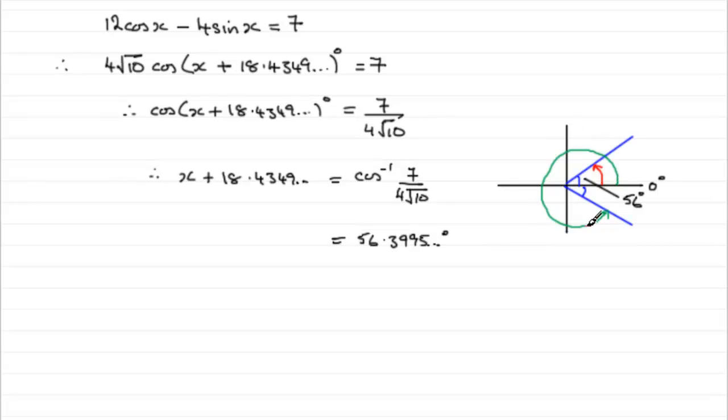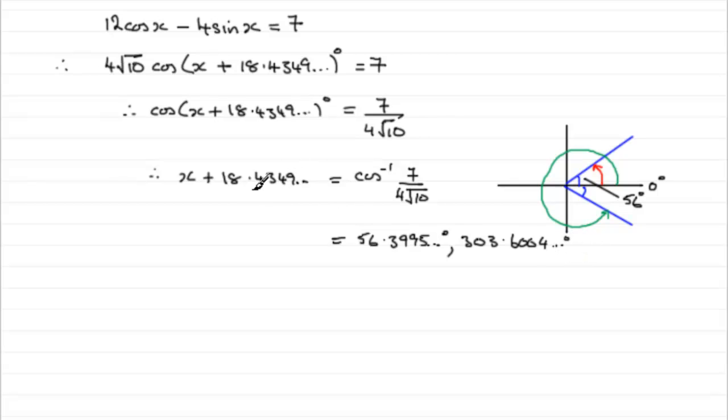Now we need the green one, and to get the green one, all we need to do is 360 degrees minus the 56.3995 degrees. So put a comma there, and if you do that, you'll find you get 303.6004 and so on degrees.